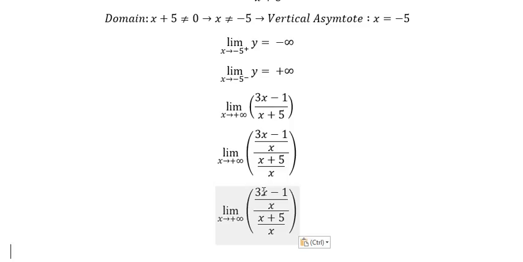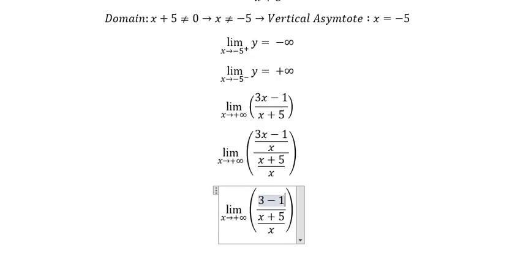So we have 3s divided by s, and 1 divided by s. You get 3 minus 1 over s. And s divided by s, and 5 divided by s. So you get 1 plus 5 over s.